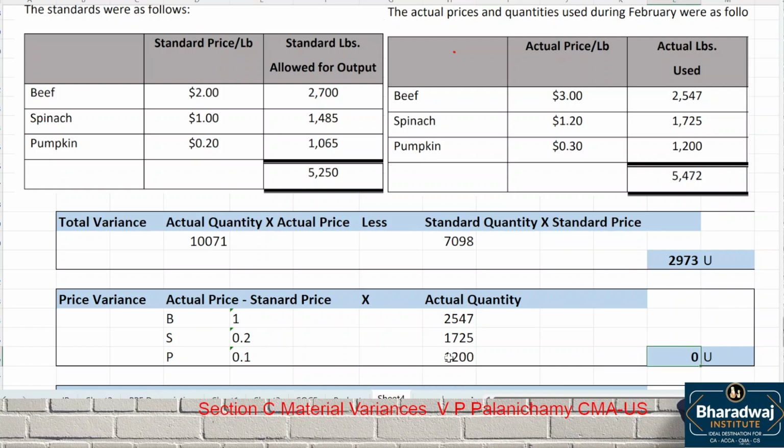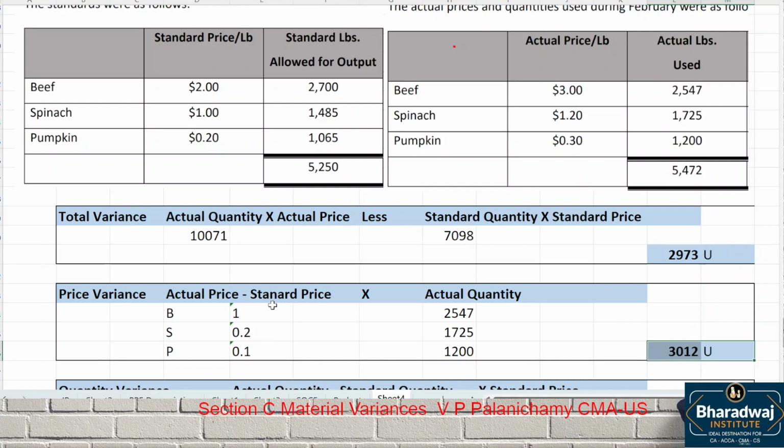Actual price minus standard price: 3 minus 2, 1.2 minus 1, 0.3 minus 0.2, into the actual quantity. Price variance is 3012 unfavorable.